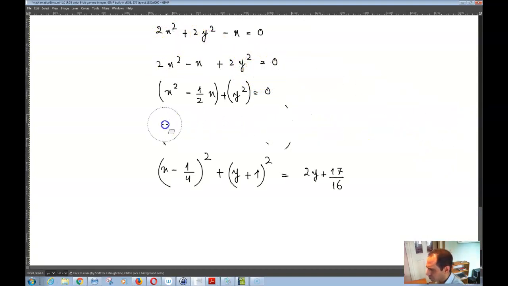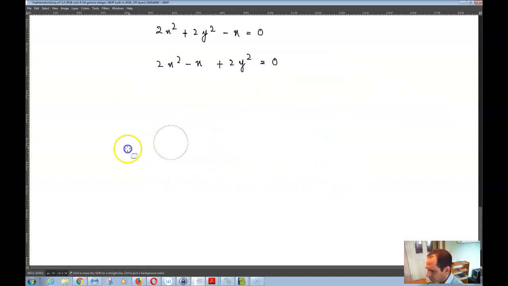So first of all, I'm going to erase all of this. And what you can do is, again, divide this equation by 2, meaning that you can write x squared minus 1 half x plus y squared is equal to 0.